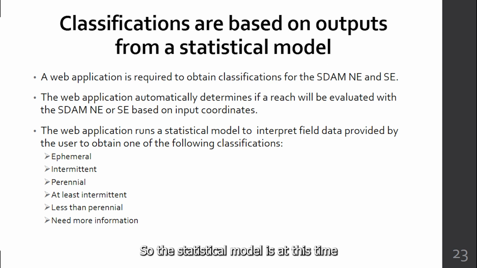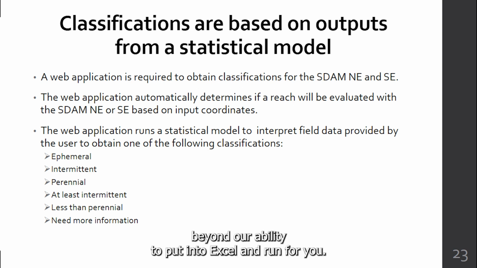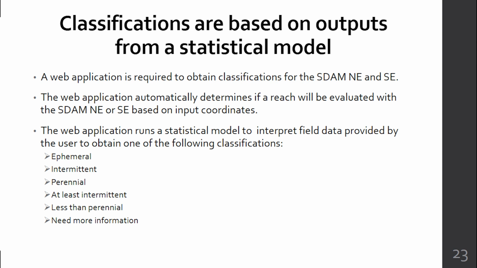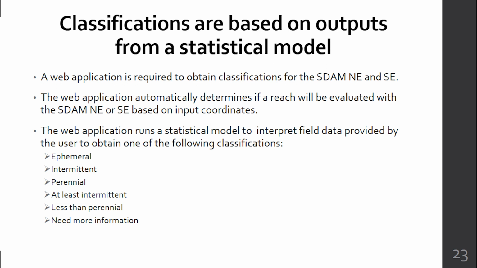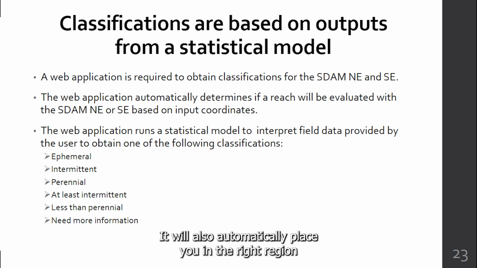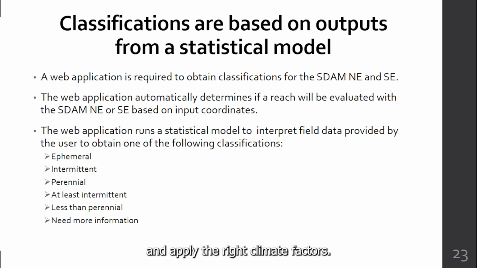So the statistical model is, at this time, beyond our ability to put into Excel and run for you, so you will have to enter it into the web application. And then it will automatically spit back the answer. It'll also automatically place you in the right region and apply the right climate factors. In this case, there's a period of 3 months.